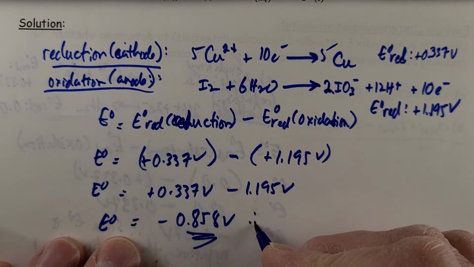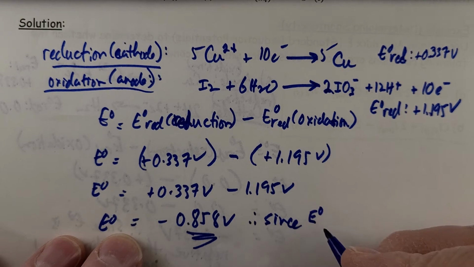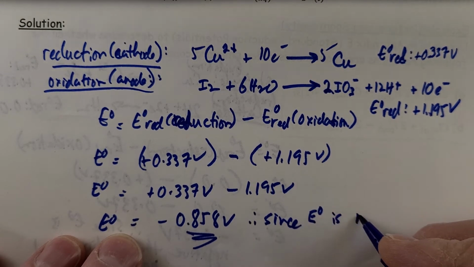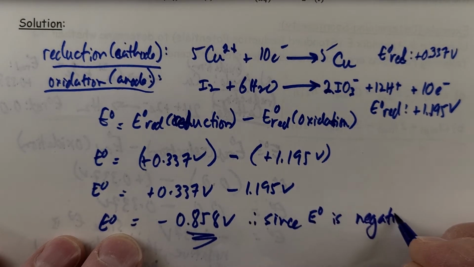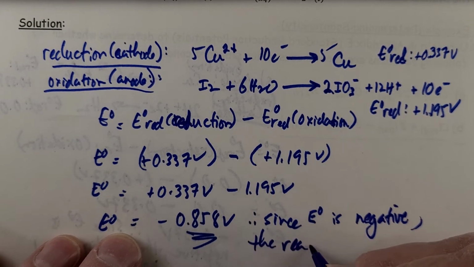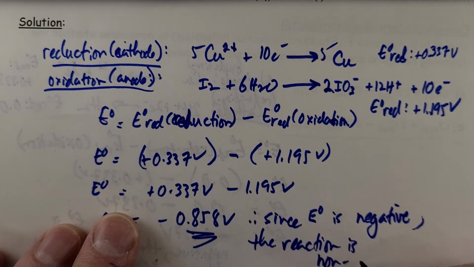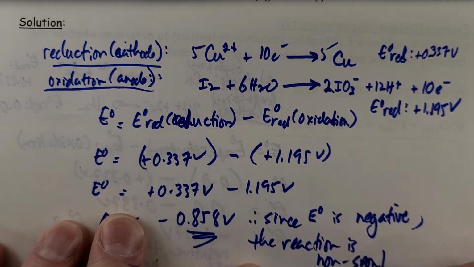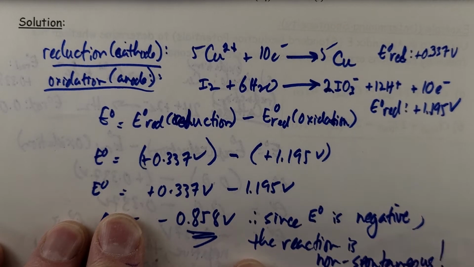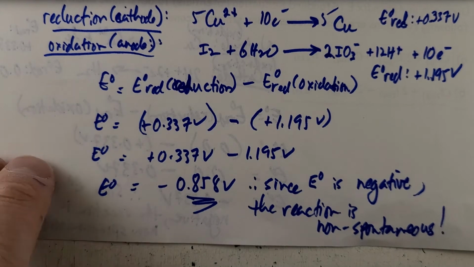So I can say our little statement here, since the standard potential of the cell, or of the reaction, is negative, the reaction is non-spontaneous. There we go.